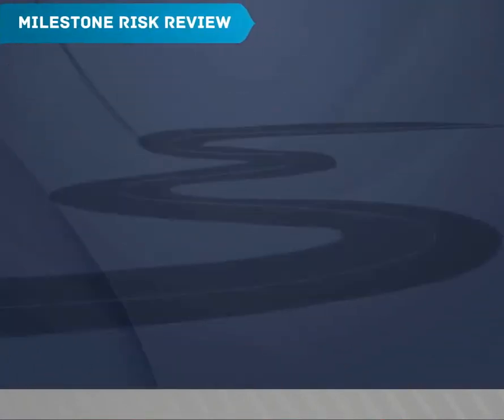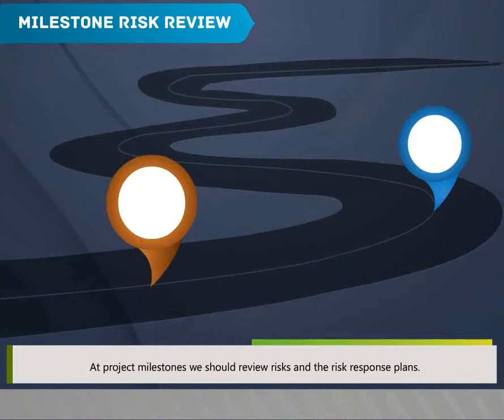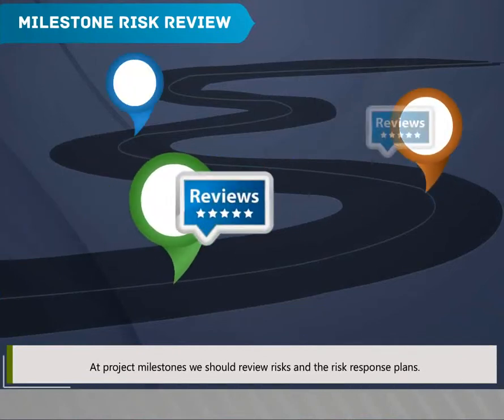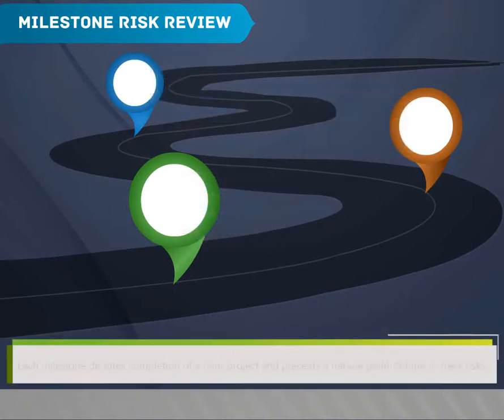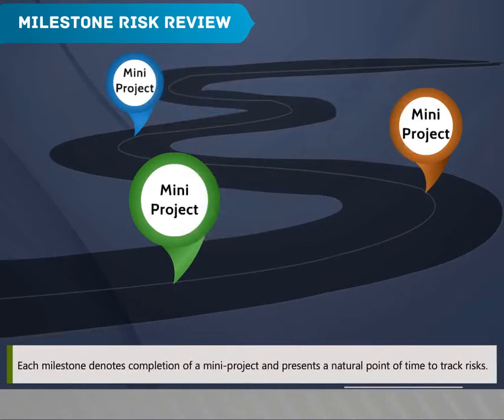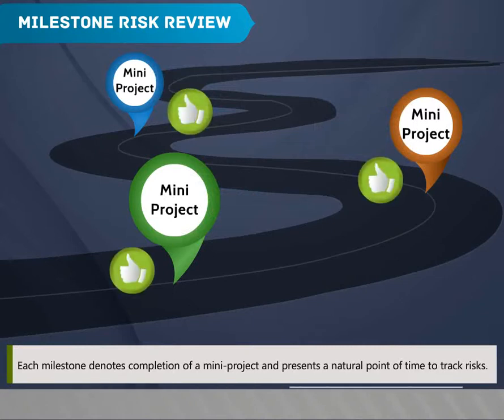Milestone risk review. At project milestones, we should review risks and the risk response plans. Each milestone denotes completion of a mini project and presents a natural point of time to track risk.